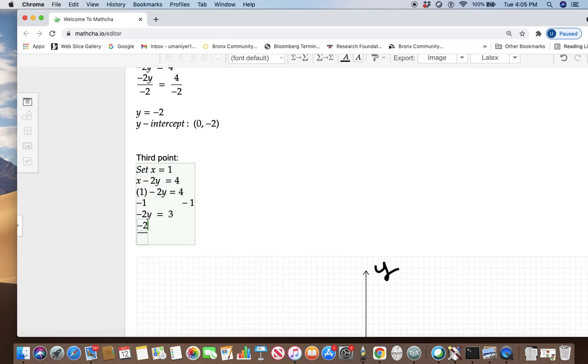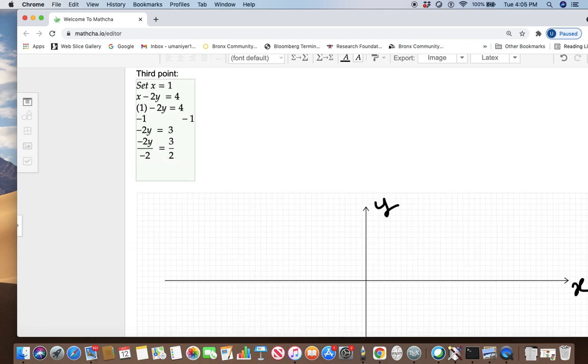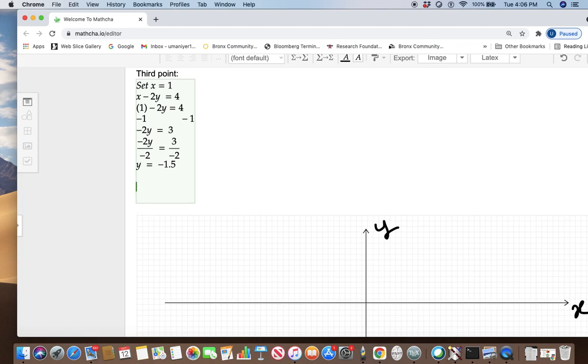Divide both sides by negative 2. So that cancels and you have y equals positive over negative, which is a negative. 3 over 2 is 1.5. So the third point is x is 1, y is negative 1.5.